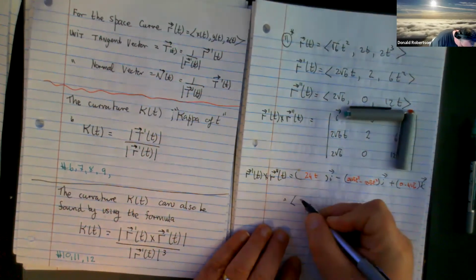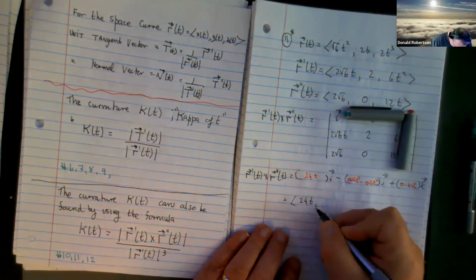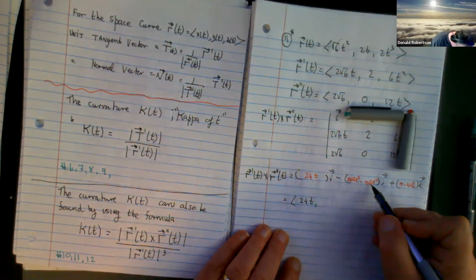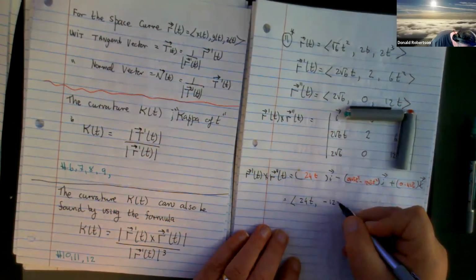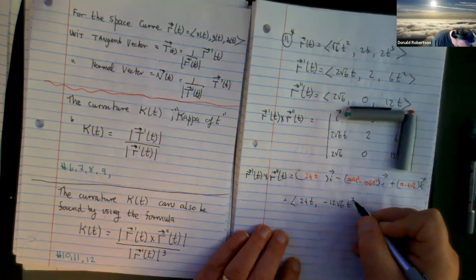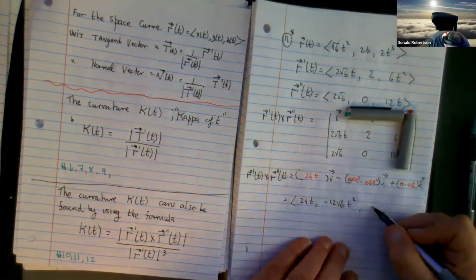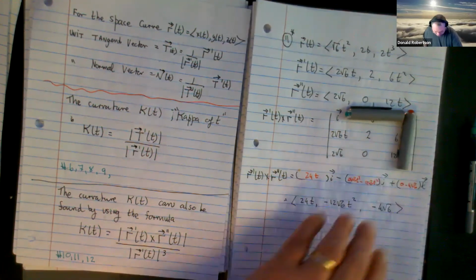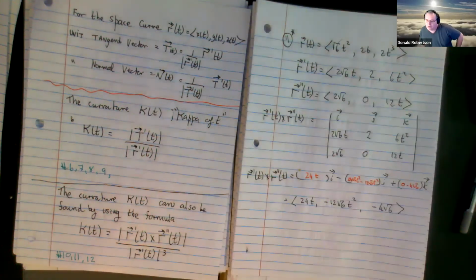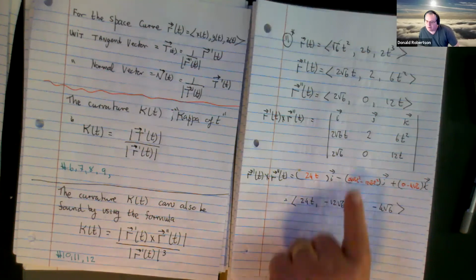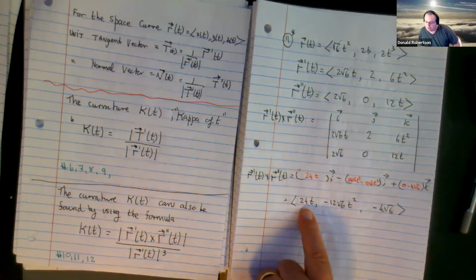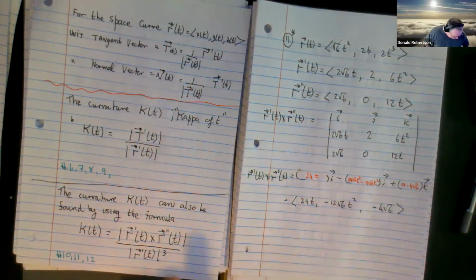So this one is 24t. That one and that one are the same, so you get positive 12, then you take it away. And that one is negative 4 root 6. Are we good so far? Right? i, j, k. This one, this one, this one.